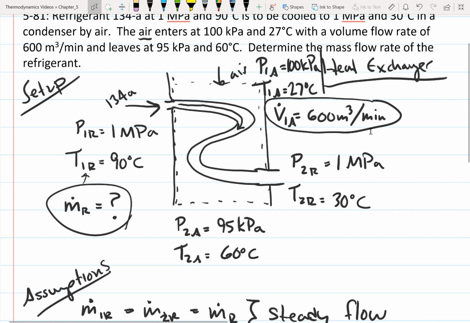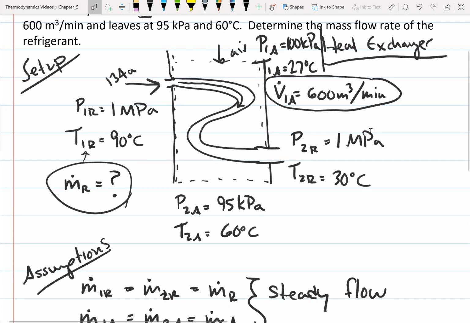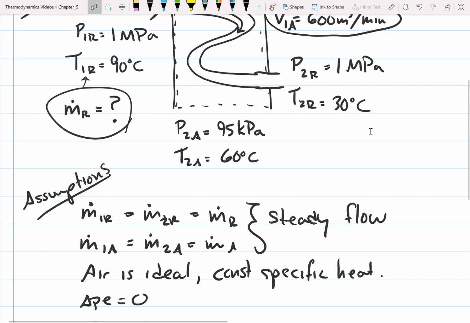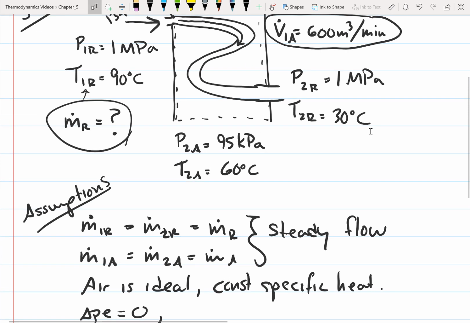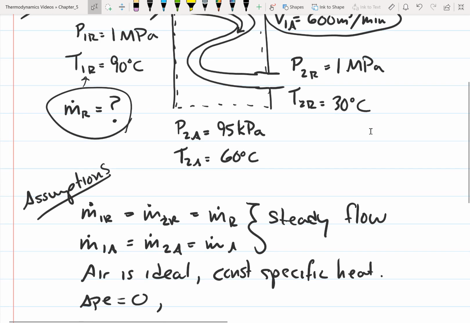Most heat exchangers aren't going to have a huge elevation change, but if you have one that does, you might need to consider the potential energy. So make sure you read the problem statement carefully, or in real life, if you're analyzing a heat exchanger that's several meters tall, then you might want to consider the change in potential energy.